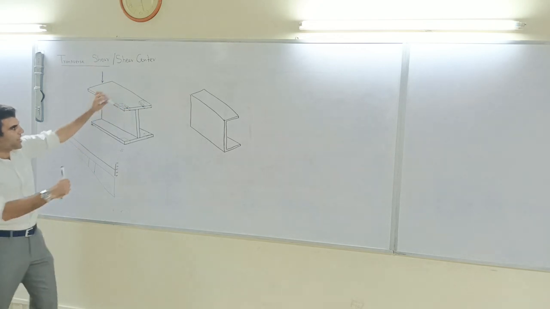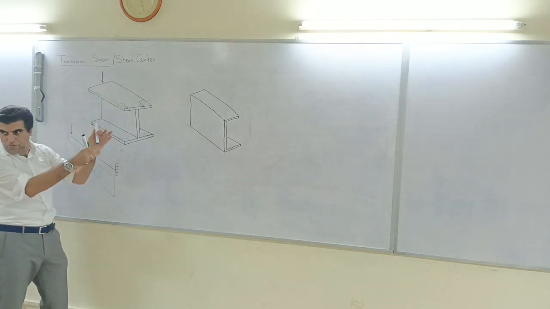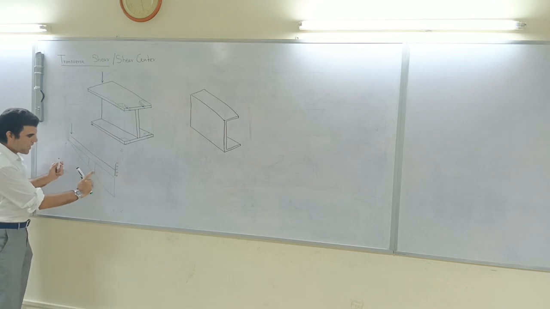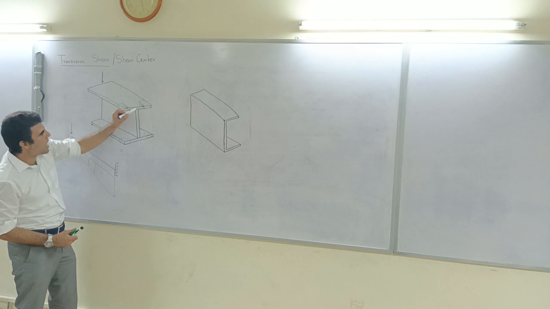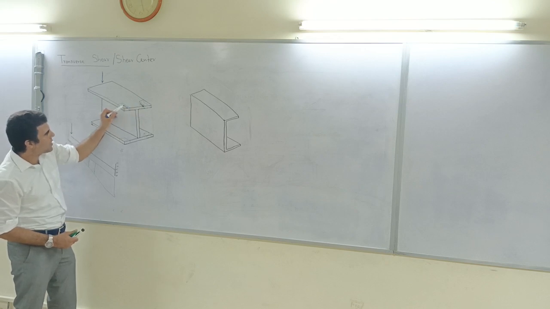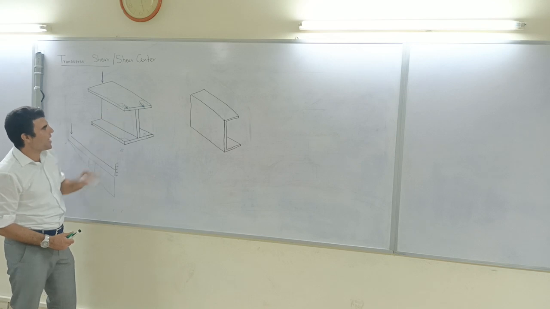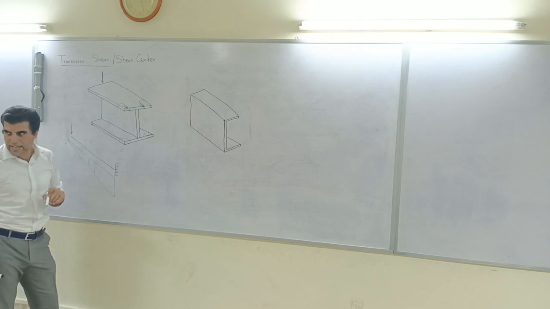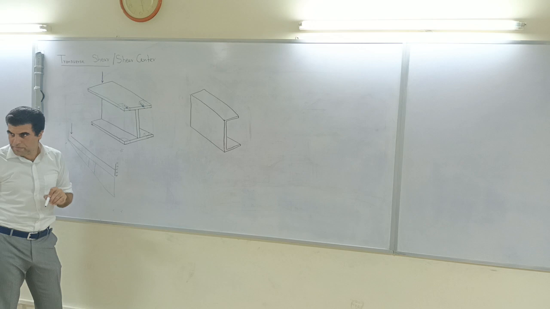Why? Because in order to balance out my loads, the load over here is bigger and the load over here is smaller. So I have to apply my load in this direction in order to make it in equilibrium.